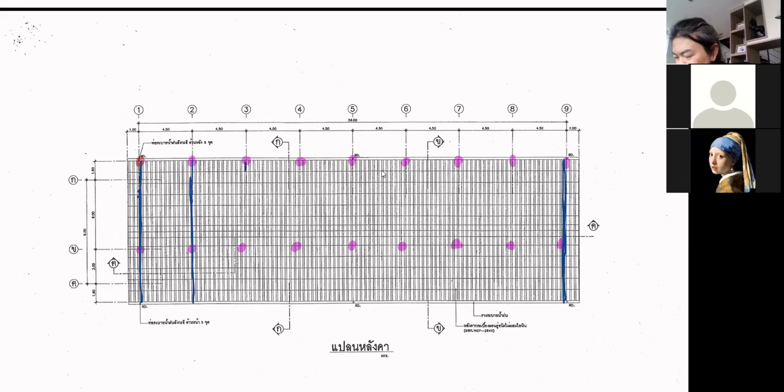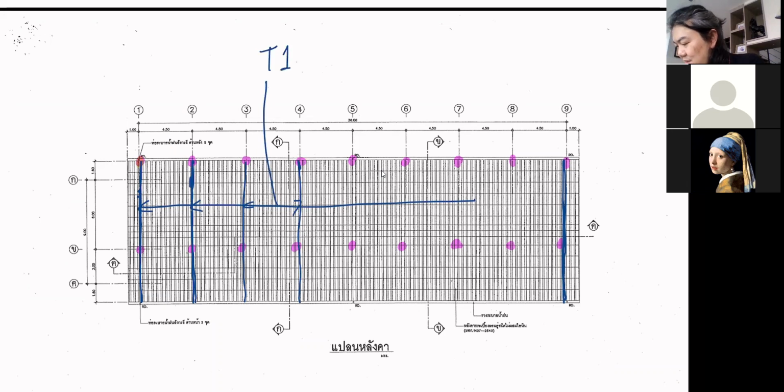Okay, and then you can call this T1. Try to be more neat like this. That would be enough, I suppose. Enough to communicate with me, okay? Like this, and then you can say this is your truss T1, and then you can break this so that we don't see the truss anymore, right?